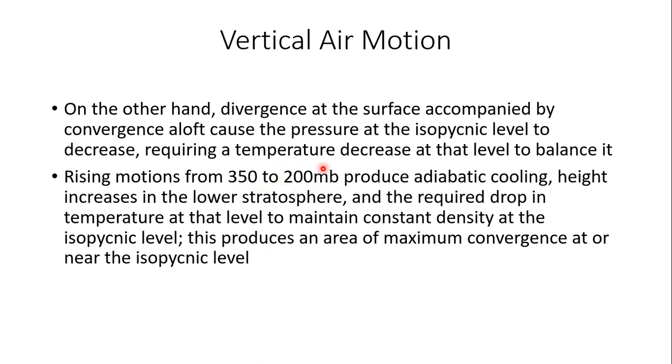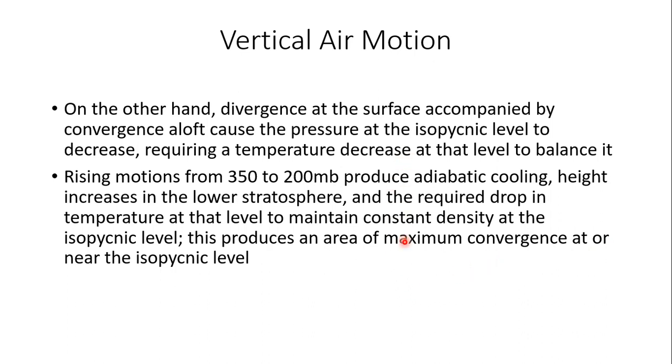Now 200 millibars is about 40,000 feet above the ground. We have rising motions between these two layers in the atmosphere that generally produce adiabatic cooling. Height increases in the lower stratosphere, and the required drop in temperature at that level is necessary to maintain constant density at the isopycnic level. And that is going to result in an area of maximum convergence at or near the isopycnic level.